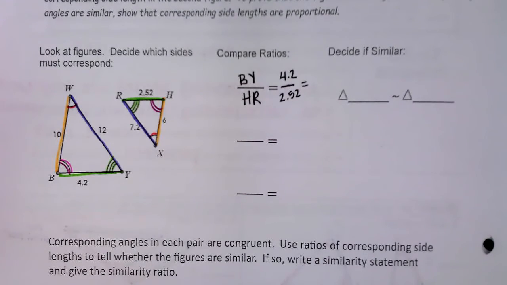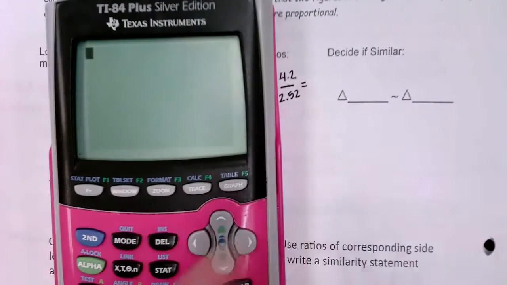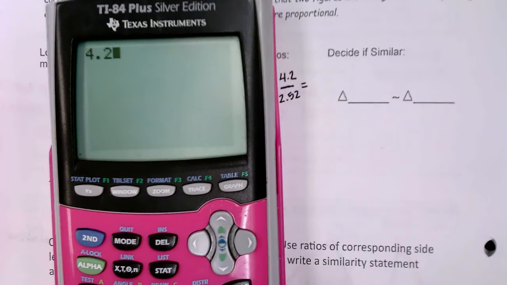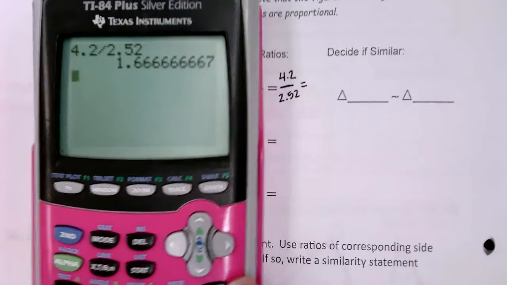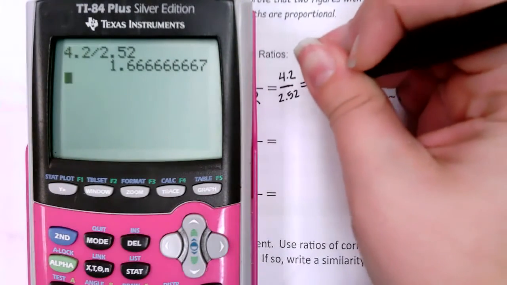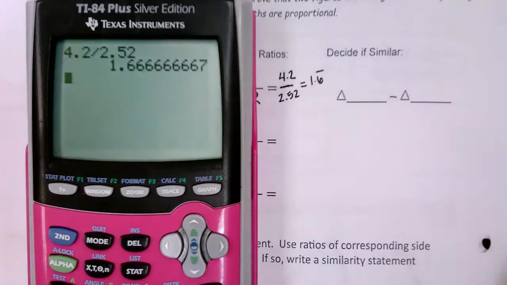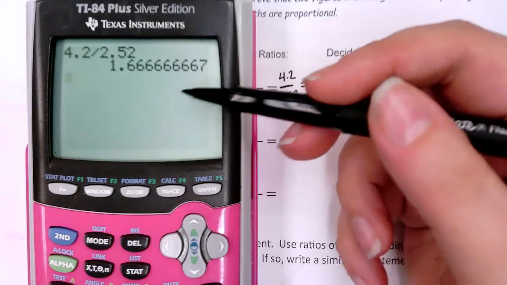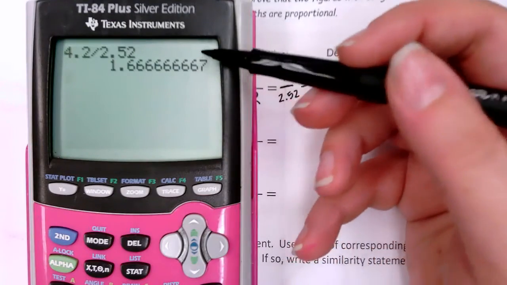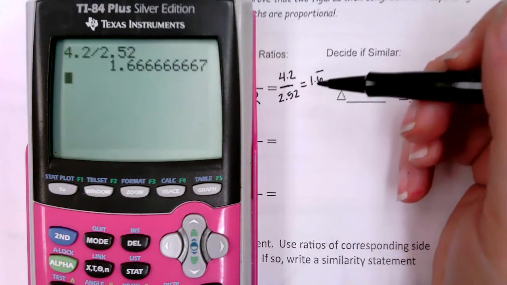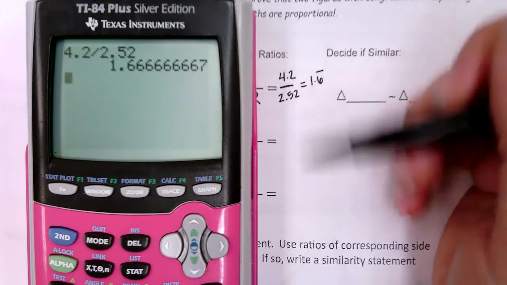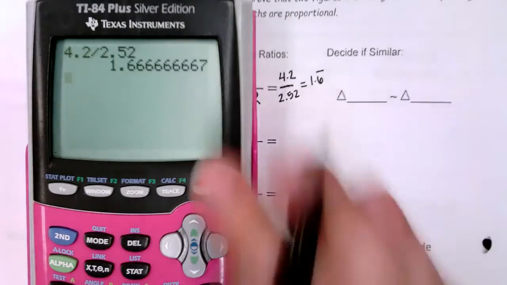And now I want to see what this ratio is equal to. So in your handy calculator, we're going to do 4.2 divided by 2.52. And we get 1.6 repeating, right? It's 1.6666667 because it's rounded. You could round to 1.7. I try not to round because we want to be as exact as possible for these ratios. So I'm going to do 1.6 repeating.